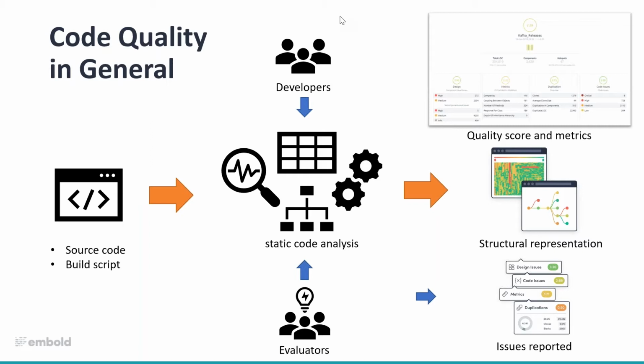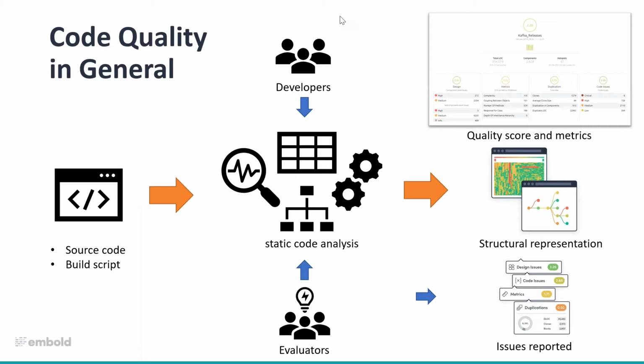Or maybe it can visualize the structural properties based on building blocks, for example, a city view, or it could represent the structure based on dependencies, from the incoming or outgoing dependencies. And if the stakeholders are really interested in the issues, we can present the static analysis results based on the issues.